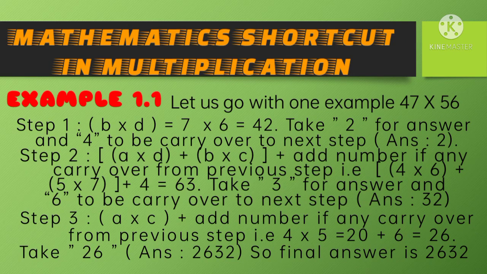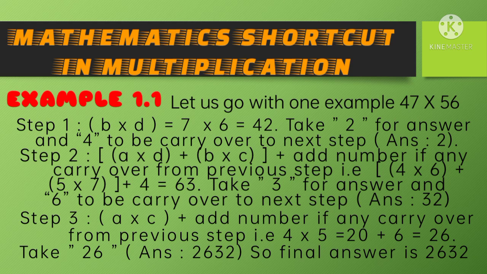Let us go with one example, 37 times 56. In step 1, B times D, which is 7 times 6, is equal to 42. Take 2 for the answer, and 4 to be carried over to the next step. Then our partial answer will be 2.